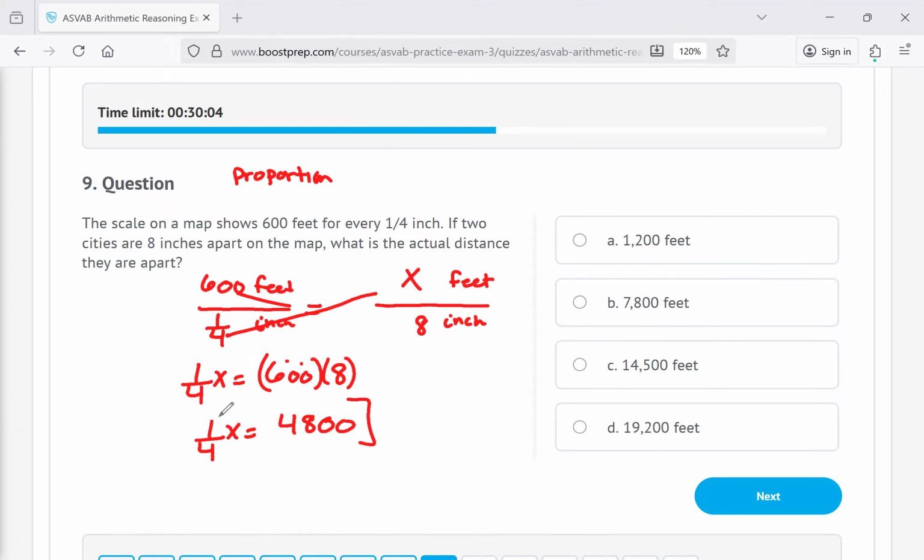So you're going to multiply both sides by 4. What's 4,800 times 4? 0, 0, 8 times 4 is 32, 3, 16, 17, 18, 19. Okay, so it's 19,200 feet.